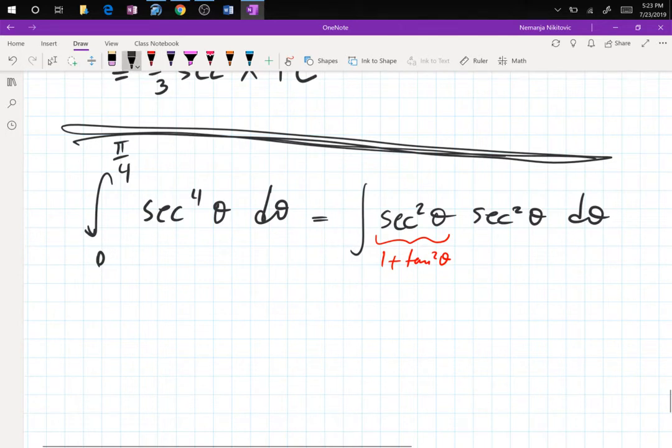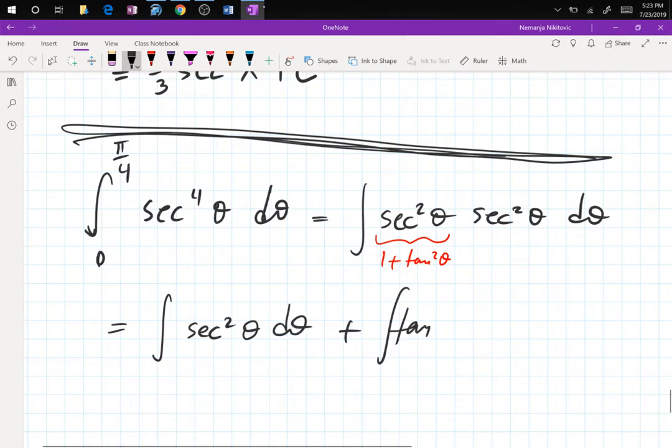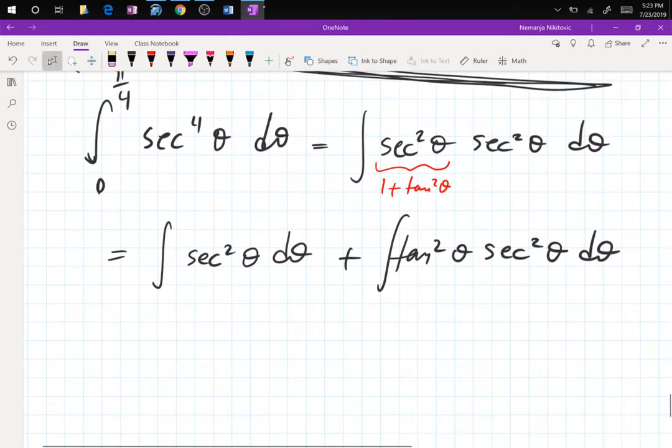And then when you break this into two integrals, you get integral of secant squared theta d theta plus integral of tangent squared theta secant squared theta d theta. Does that make sense? All right. So what is the integral of secant squared? That's a basic integral that you are supposed to know from 4.9.